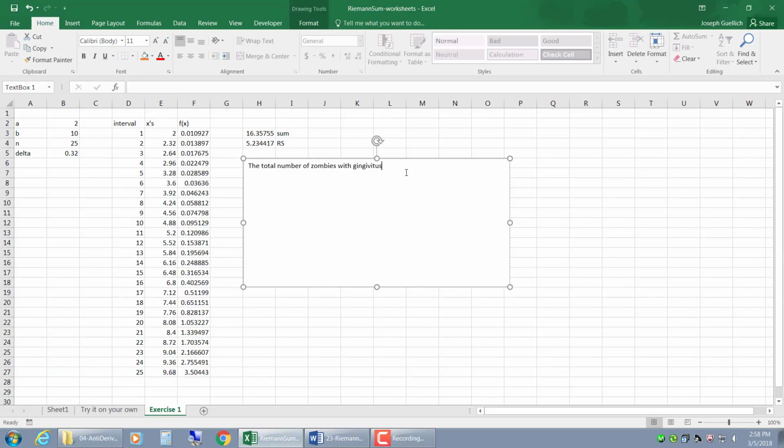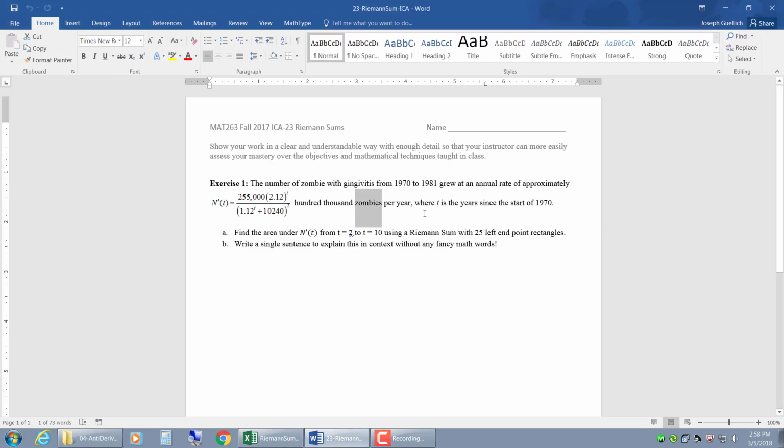So the total number of zombies with gingivitis, we need to describe our input. So our input values, A was 2, B was 10, and that's the years since the start of 1970.